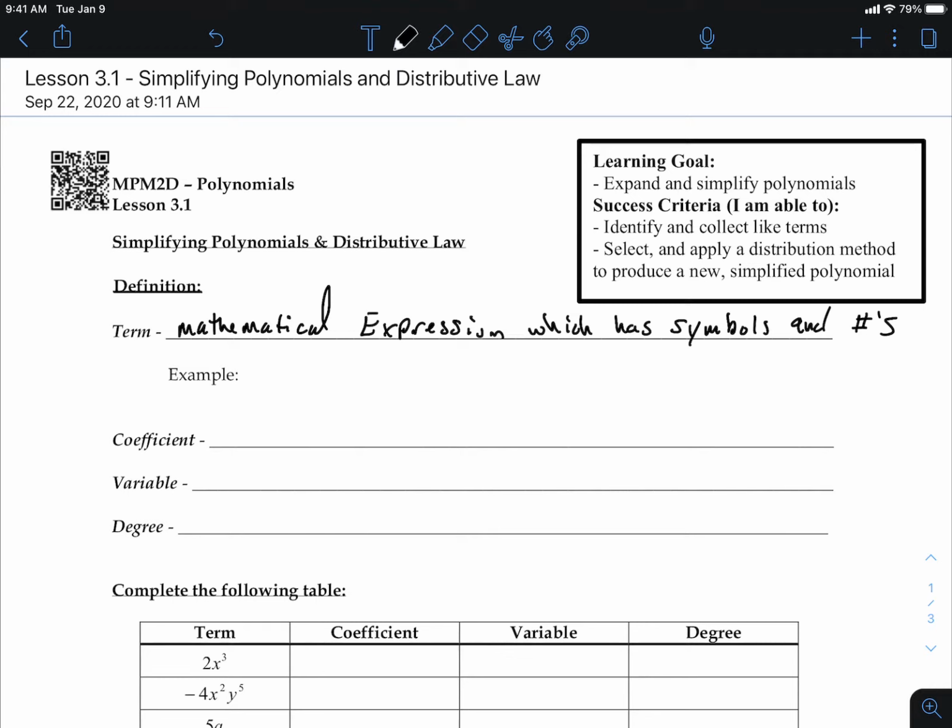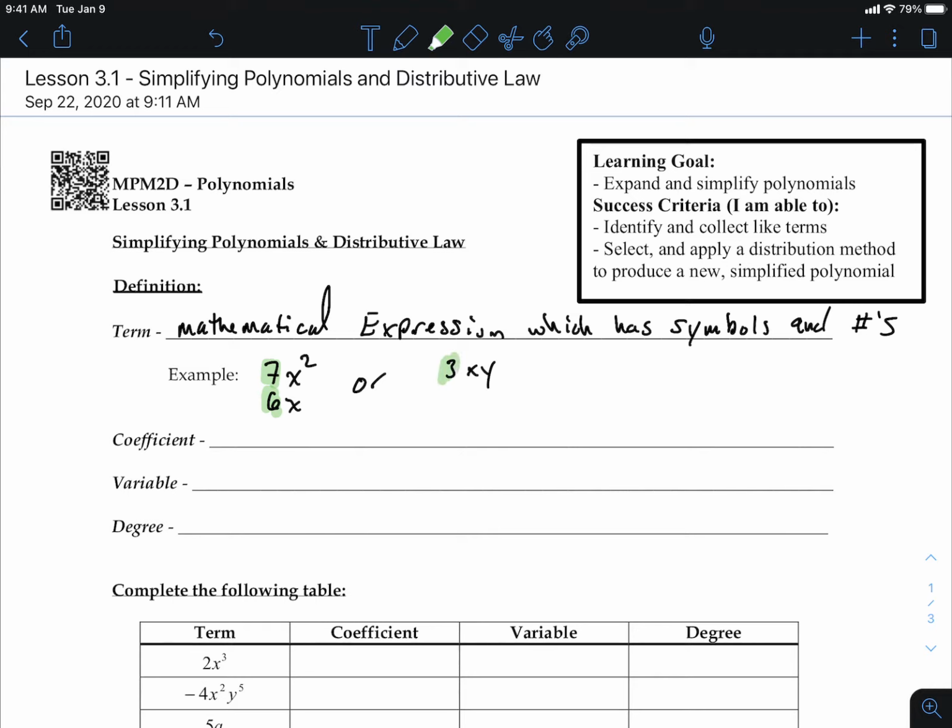A couple of examples would be 7x squared, 6x, or 3xy. That'd be a term. That's like the whole package. You can see in the bottom here, I'll highlight this, and we'll define them.